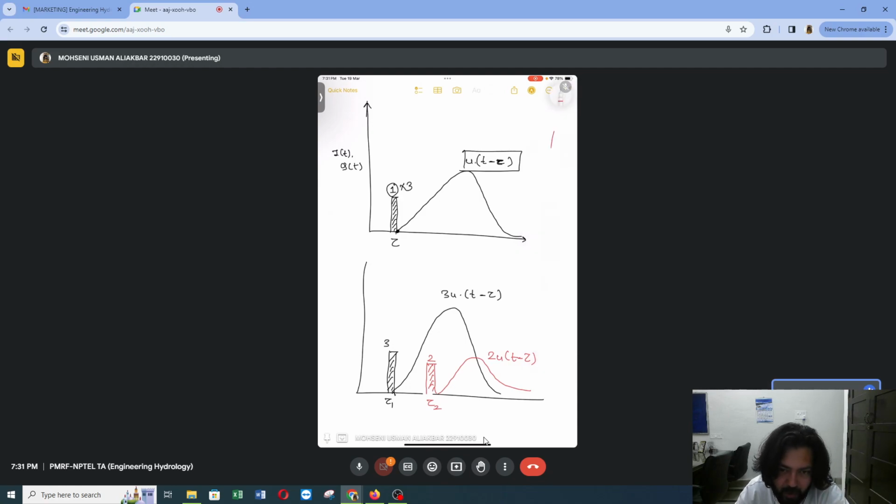Now that we have 2 inputs, we can apply the principle of superposition. So we'll get one more output, and this would be the summation of 3u of t minus tau plus 2u of t minus tau. So what we have done here, for the impulse response function for a linear system, is apply the principle of superposition as well as the principle of proportionality, right?